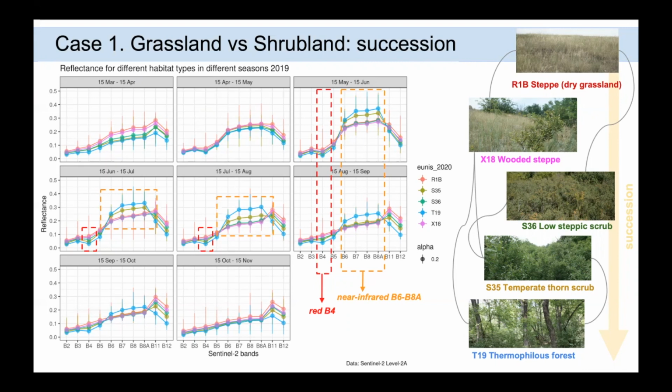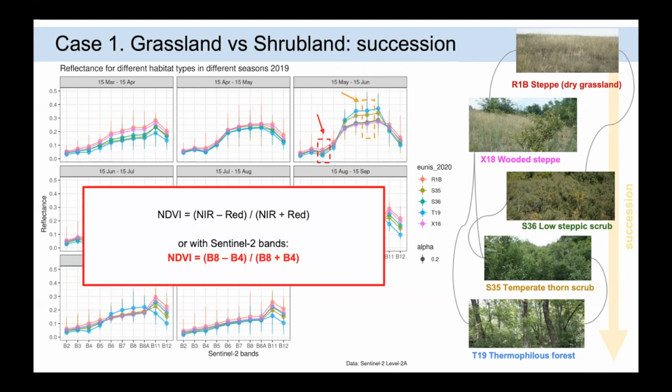And this is what we actually call the NDVI index and its variation, since NDVI is a normalized difference between near infrared and red bands, which are band 8 and band 4 for Sentinel-2.